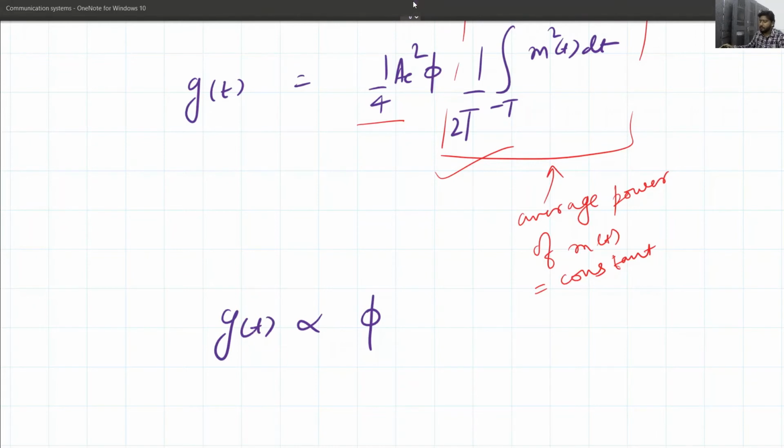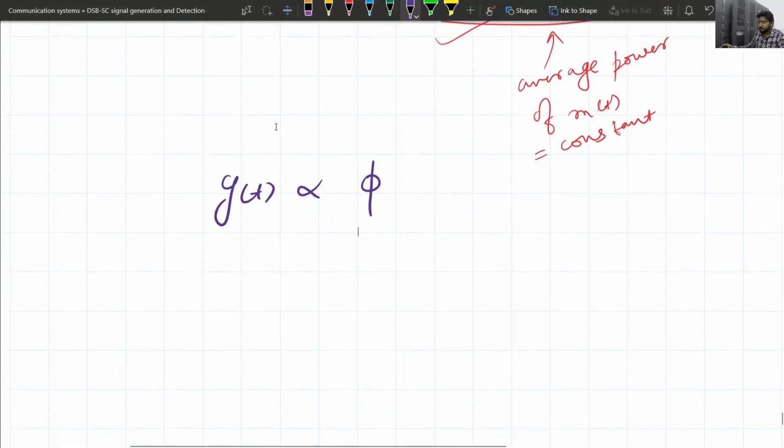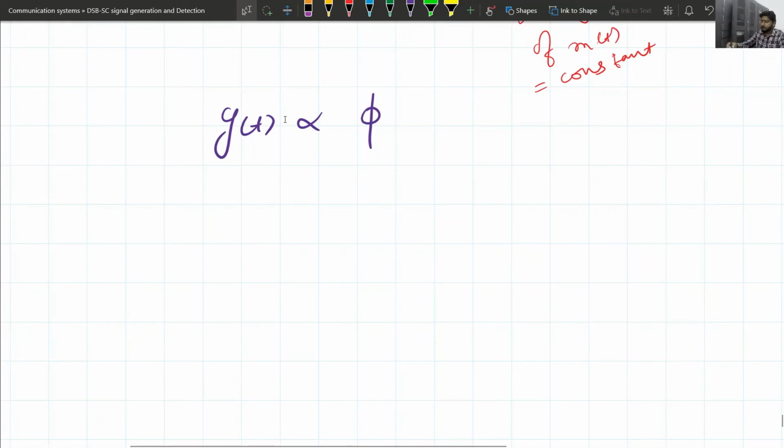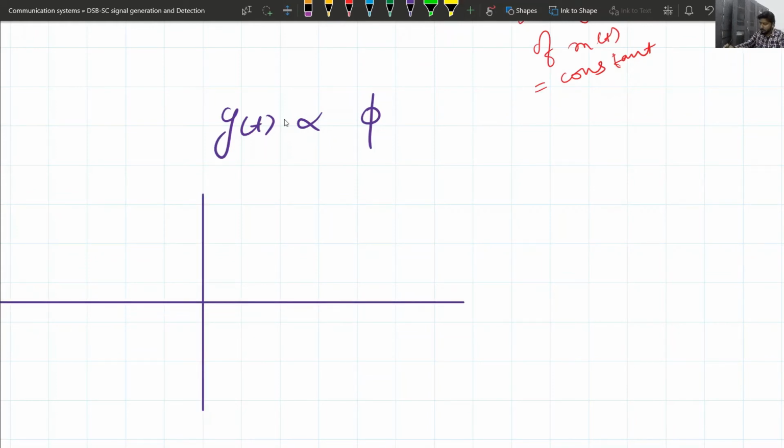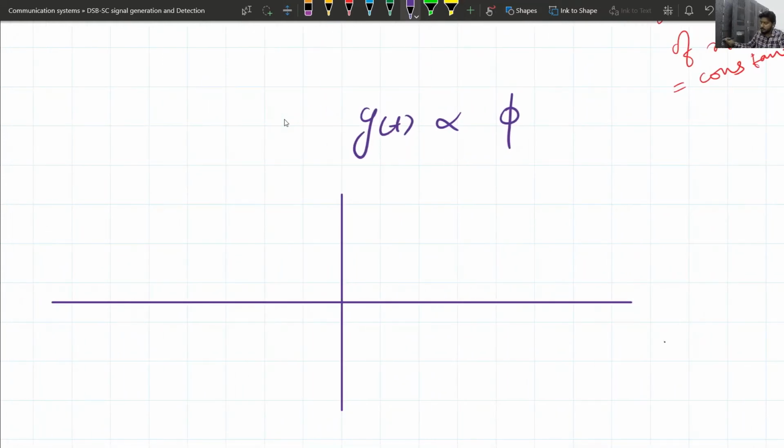Now let us see what's happening. Let's say this is the carrier wave.